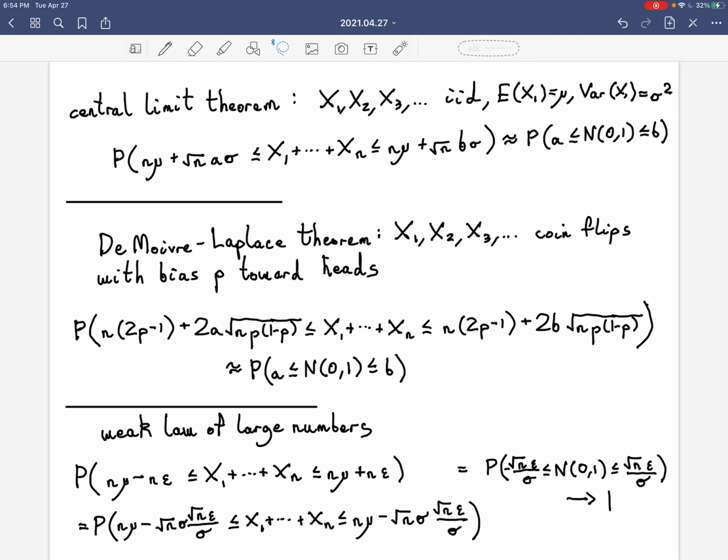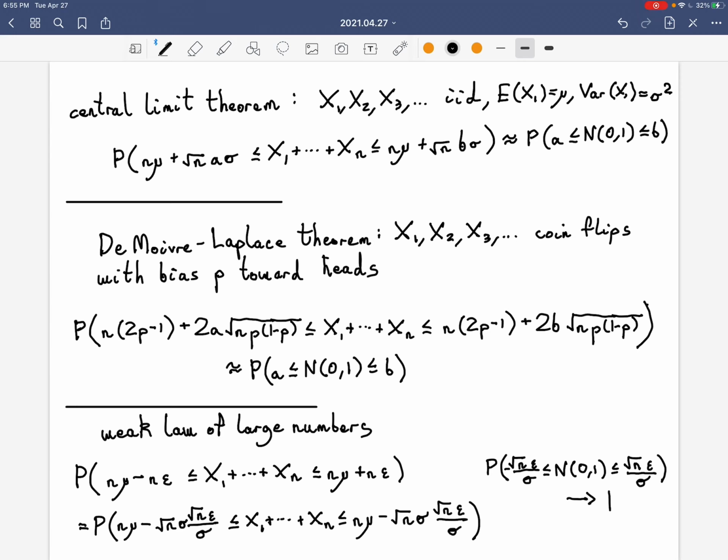Okay. And we can also have a look at how the weak law of large numbers is a consequence of the central limit theorem.